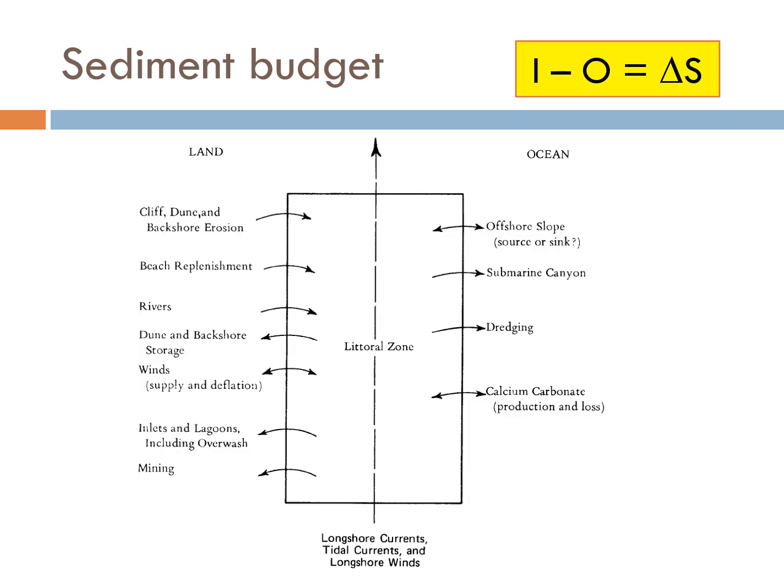Here we look at the same domain but looking from the top. As we mentioned earlier, from the land side, we have material influx, which may be attributed to erosion from the cliff or dune in the backshore. It may be erosion from the beach itself. It may be sediment contribution from rivers that enter into this littoral zone.